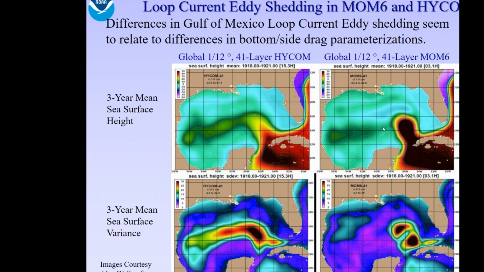And this is something where by close comparison and then starting to swap some things in and out, we think this is related to the details of how the bottom drag and the lateral side drag parameterizations are implemented in these two models, which is contributing to the destabilization or not of this loop current eddy.